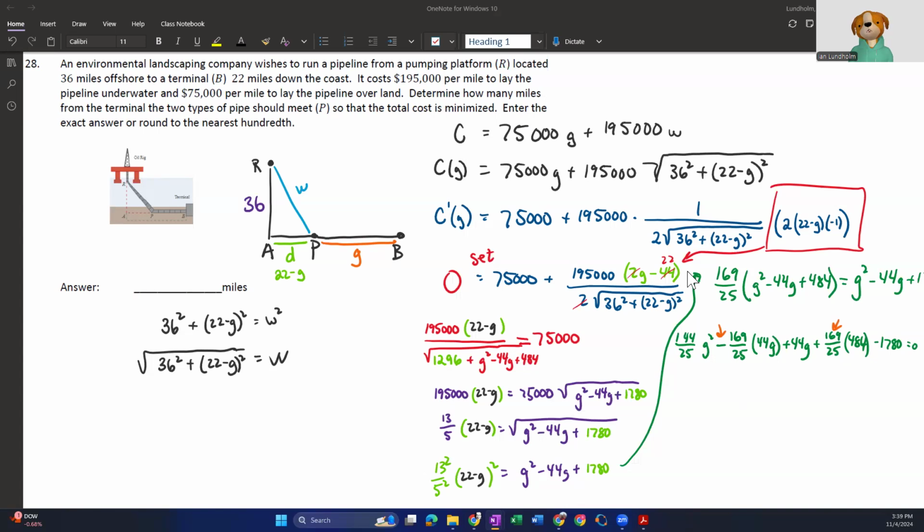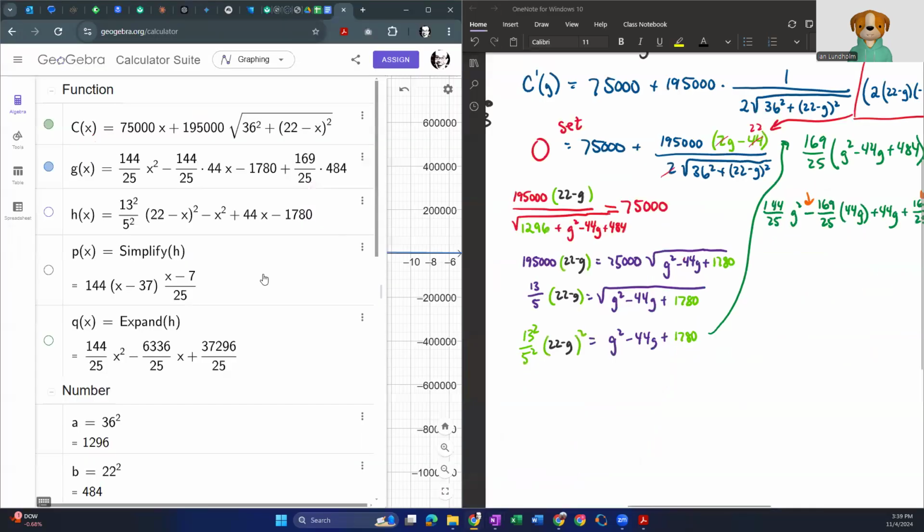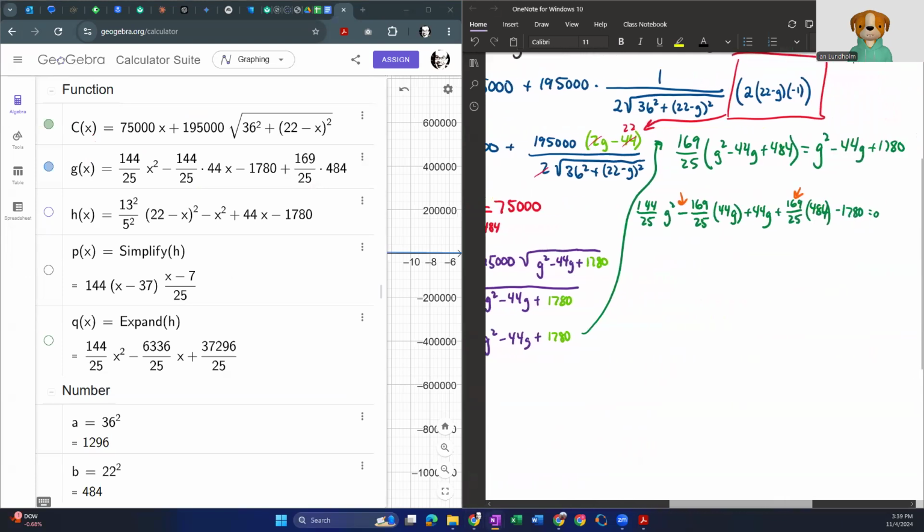I think the best version of this, let's go ahead and just put this over to this side, and then we'll bring this one here. I think the best version of this is the one where we pull out that 144 over 25.